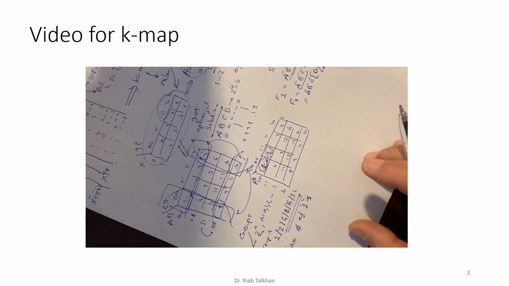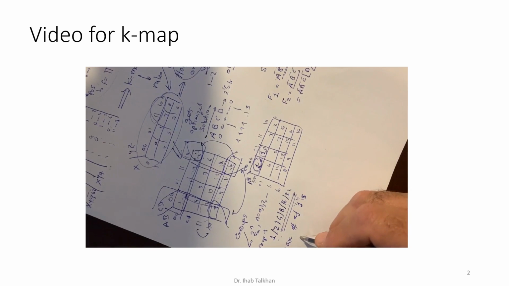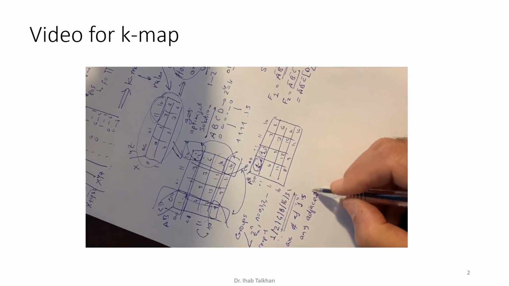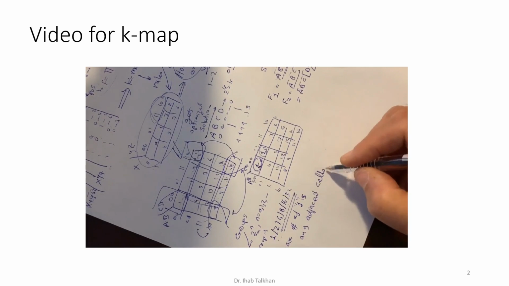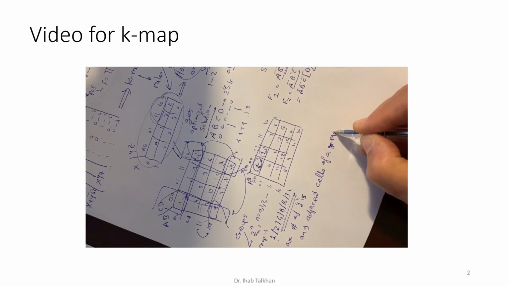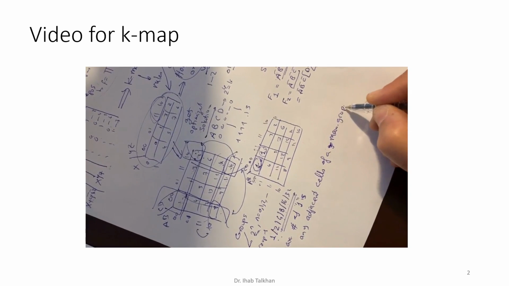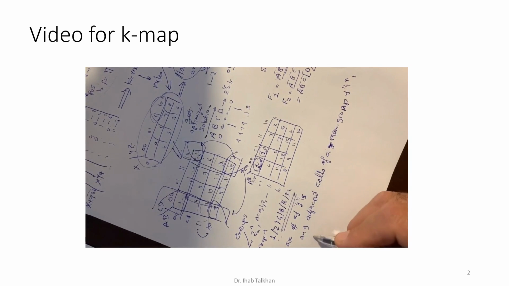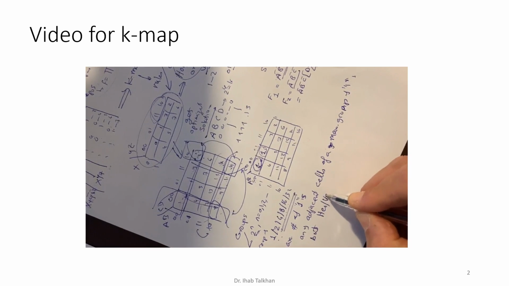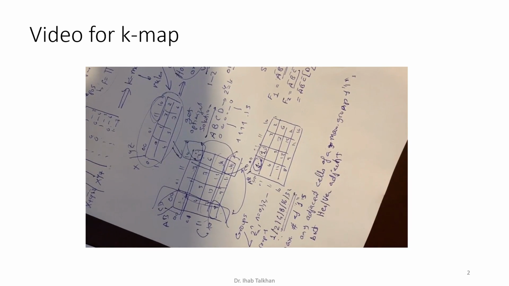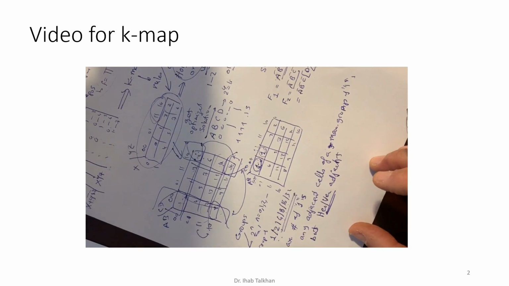The groups are any adjacent cells of a maximum group of ones, but they are horizontal or vertical adjacent. You cannot have a diagonal adjacent. It's actually horizontal or vertical adjacent.